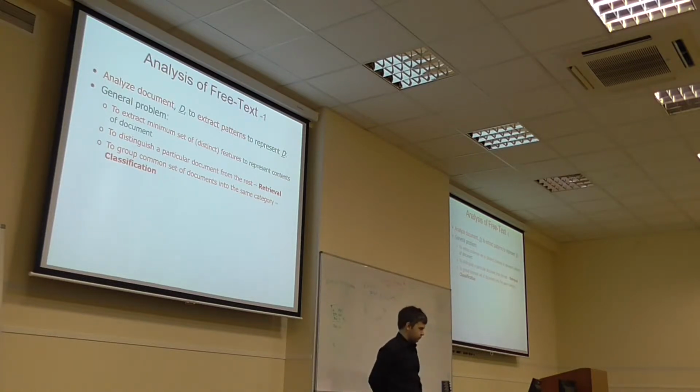So what do we need to do? We need to extract some distinct, representative features. For retrieval, we need to distinguish a particular document from the rest, while in classification, we need to find the group assignment for every document. So is it similar or different? How do you say?